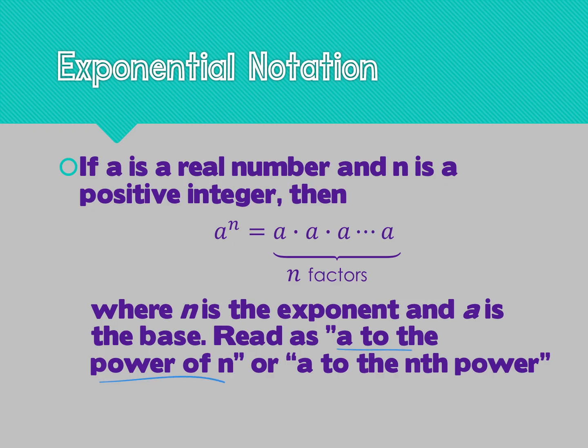So I can say it like that, or I can say a to the nth power is the same as a times itself n times. And then we call a the base, and I call n the exponent. And that n is just telling you how many times to multiply a by itself. So these are things that you may have seen before.